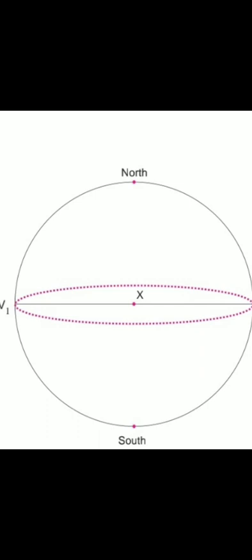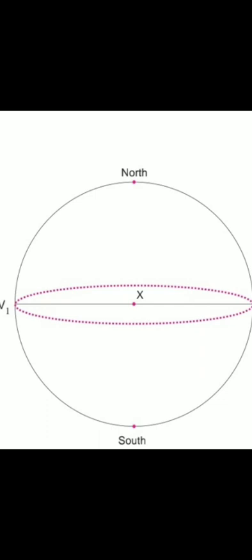It is the largest parallel and also a great circle. That is the 0 degree parallel. The angular distance of other parallels towards north and south goes on increasing away from the equator. From 0 degree, it is increasing towards the north side.